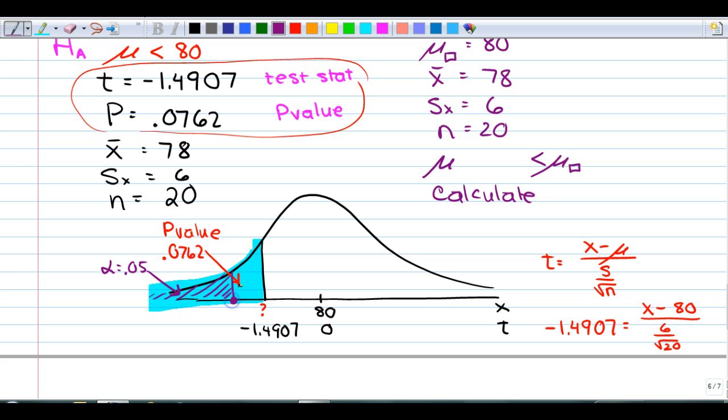And this point right here is the critical point. We could calculate that. We could do INVT for 0.05. That would give me the critical point as a t value. If I told it my mean was 80 and my standard deviation was 6 over the square root of 20, I'd get an x value.